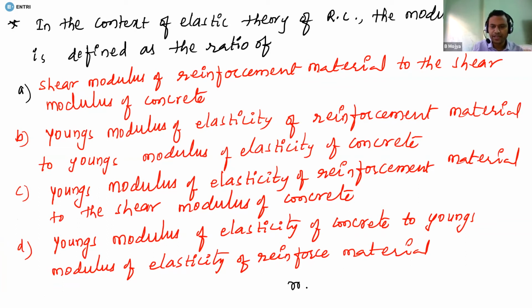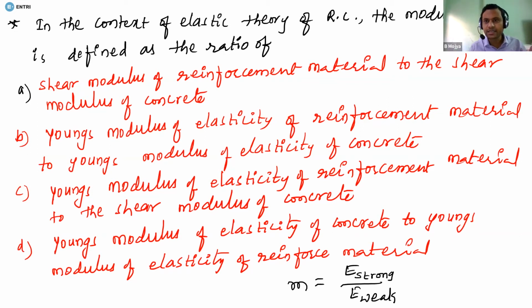So modular ratio m is always the elastic modulus of strong material divided by the elastic modulus of weak material. This is the basic relation. Whenever you have a composite action, if you want to convert stresses, load carrying capacity, or area of one material into another, you just use the modular ratio.